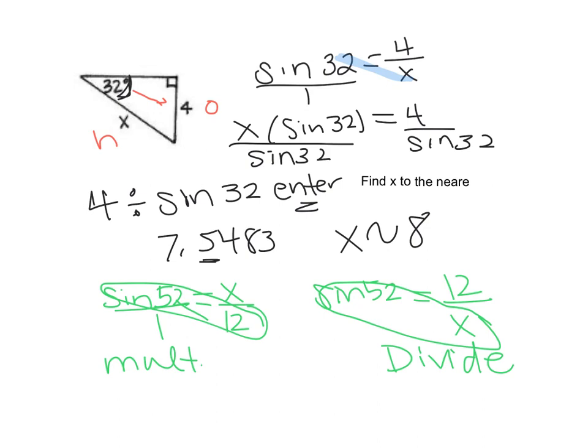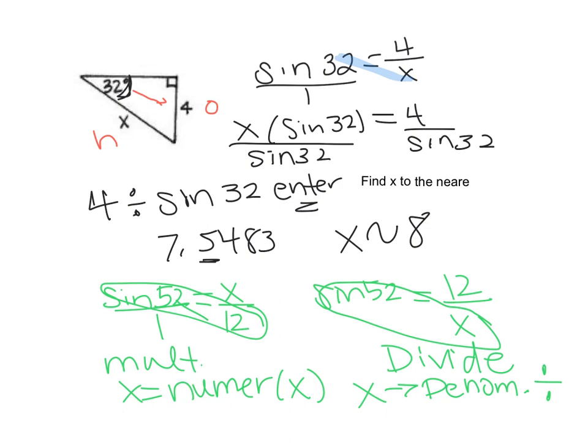So what I remember is if x is in the denominator, I'm going to divide. If x is in the numerator, I'm going to multiply. The denominator part is what I remember. The d's go together, denominator and divide.